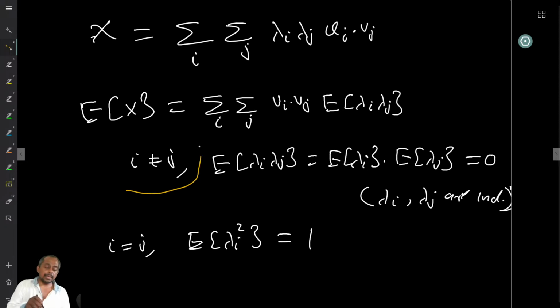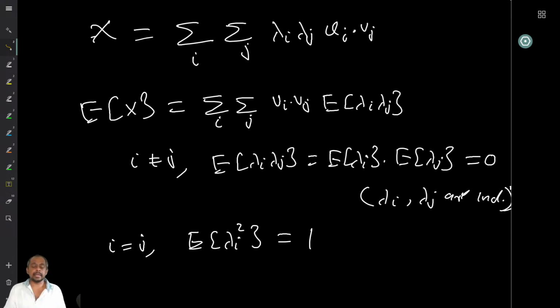Now when i is not equal to j, the expectation of lambda i lambda j is the expectation of lambda i times the expectation of lambda j, because they are independent. We chose them independently. So the expectation of the product is the product of the expectations. But that is equal to 0.